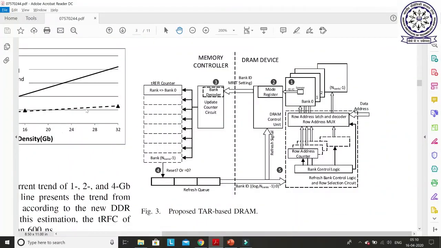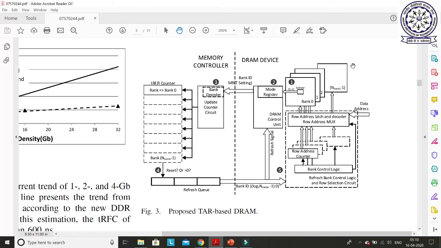Now, if we want to implement the same concept of TAR, then we have to make some more changes. Here in this paper, you can consider this as the rank. Normally, the way this diagram is drawn, we consider this as a chip.